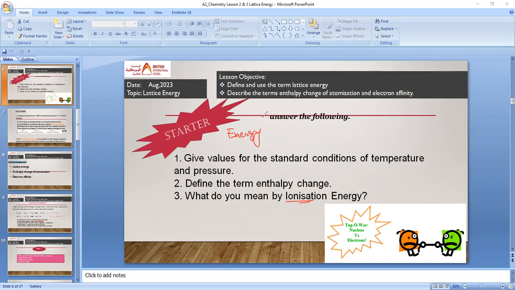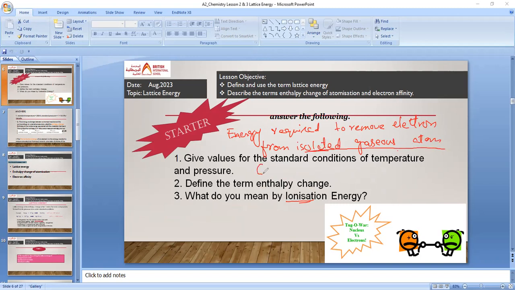All these definitions are very important. It means first of all we will convert it into an isolated gaseous atom. Isolated means a single gaseous atom.